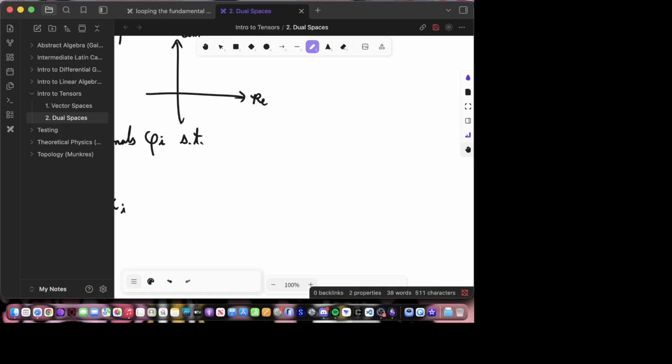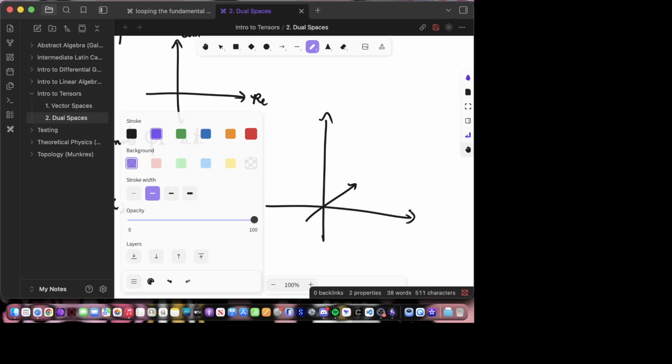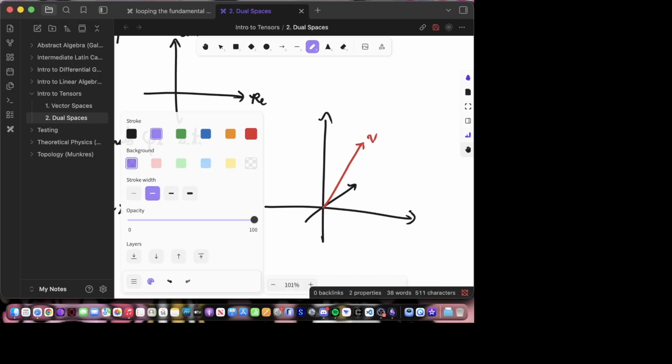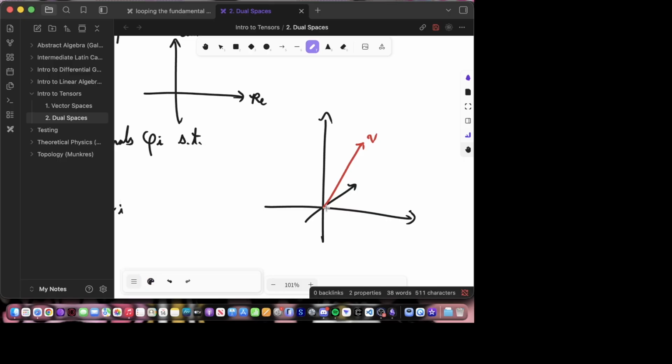So you could think of it like this. Let's say we have a vector v, like so. Maybe this would be phi1 of v. This one over here could be phi2 of v.